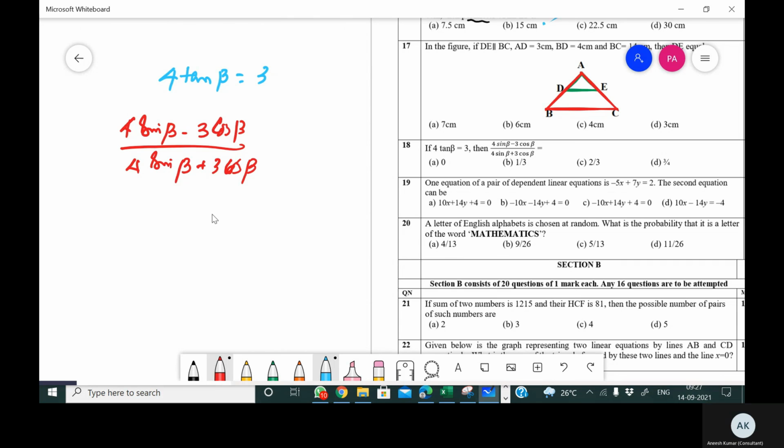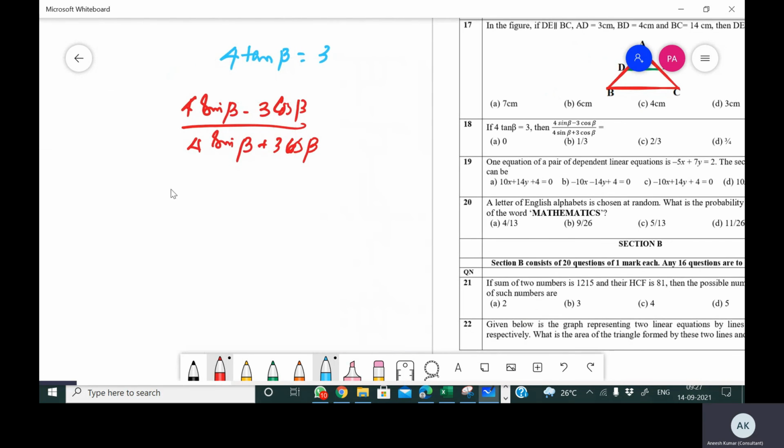Here you can see one more beautiful thing. 4 is also with tan and sine. The denominator is also having 4 with sine. And you all know what tan means. Tan means sine by cos, is equal to 3.